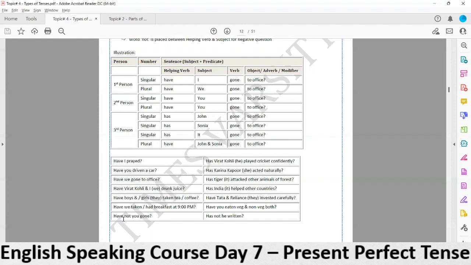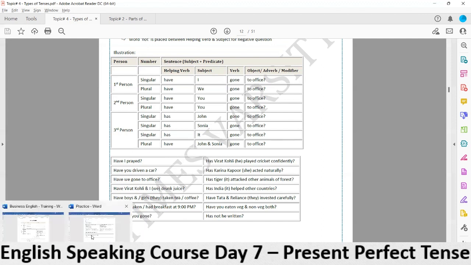And in case we are adding not, then it will come: have you not gone? So in a simple question, if we are adding not, it should be after the helping verb. Have you not gone? Has he not returned? Right? Has Virat Kohli played cricket confidently? Has Kareena acted naturally? Right?